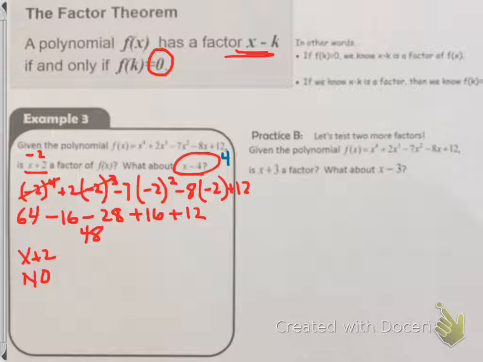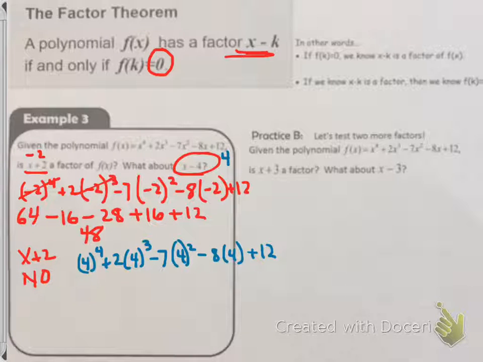We're substituting in positive 4 this time: positive 4 to the 4th power plus 2 times 4 cubed, minus 7 times 4 squared, minus 8 times 4 plus 12. 4 to the 4th power is 256. 4 to the 3rd power is 64, and 64 times 2 is 128, so plus 128. 4 squared is 16, and 16 times a negative 7 is negative 112.